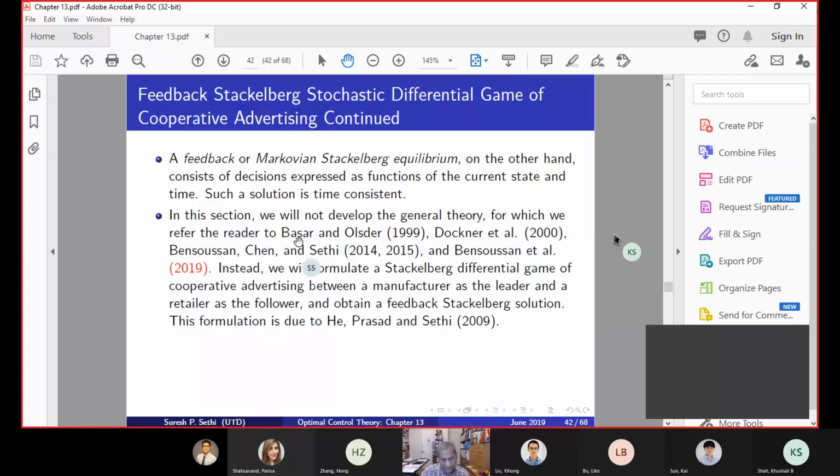But Basar is a famous guy in game theory. He's also a big professor at Urbana-Champaign, and one of my co-authors. Olsder is a famous guy in Amsterdam, and he has been in game theory for a long, long time.